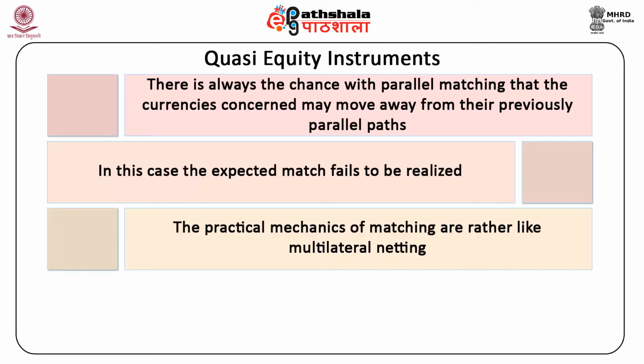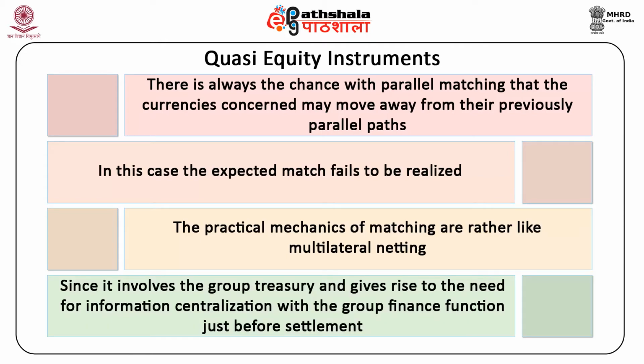The practical mechanics of matching are rather like multilateral netting, since it involves the group treasury and gives rise to the need for information centralization with the group finance function just before settlement.